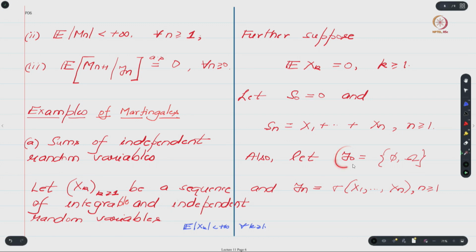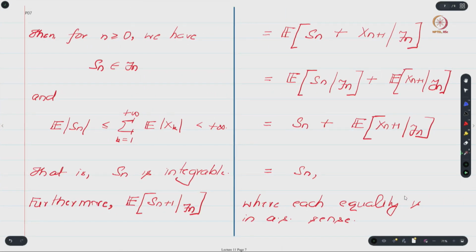The filtration that we work with is the one where the 0th sigma field F0 is the trivial sigma field made up of only the empty set and the sample space, and for every n bigger than or equal to 1, Fn equals the sigma field generated by the first n random variables, that is x1 to xn.